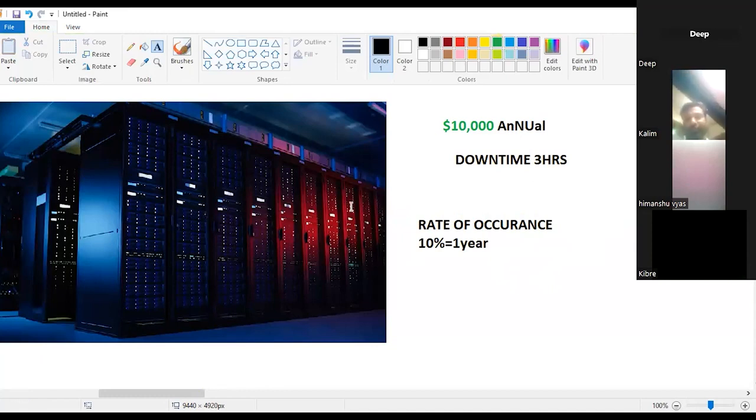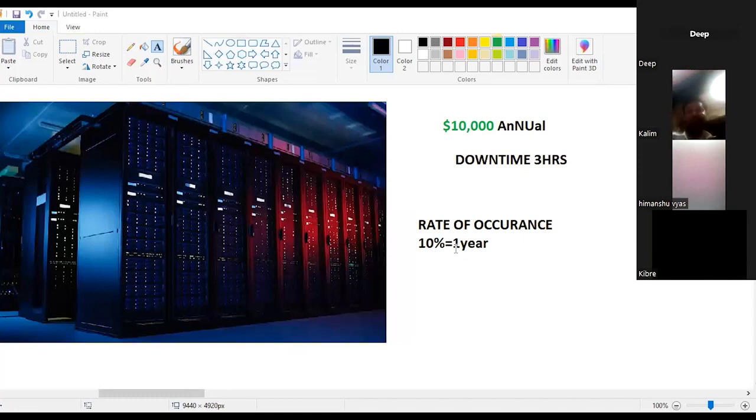So again, we have a server that generates $10,000 annually, a downtime of 3 hours, and the failure in 1 year is expected at 10%.